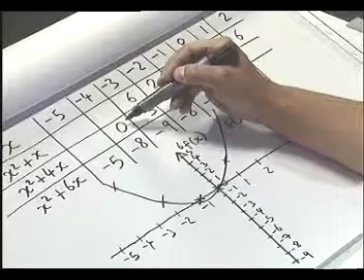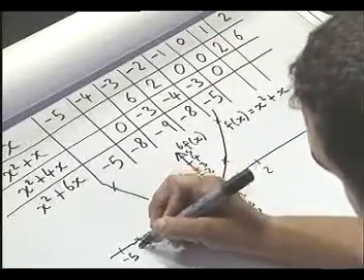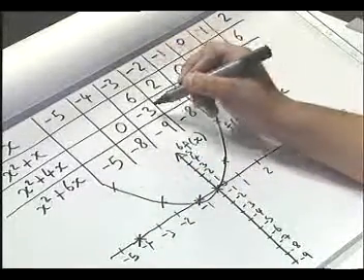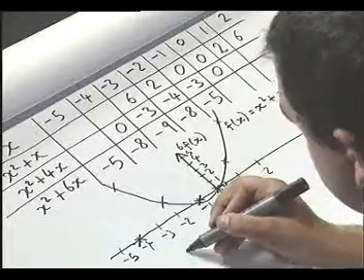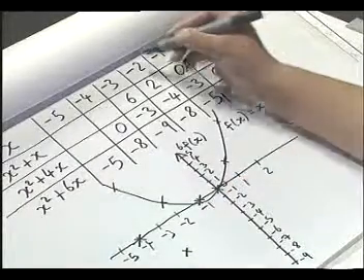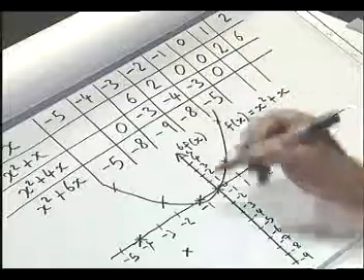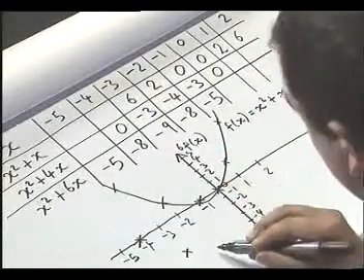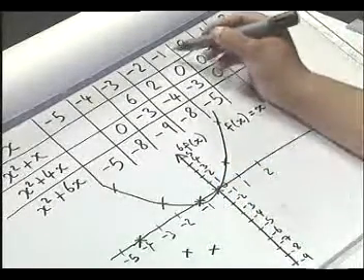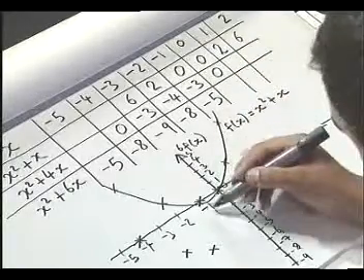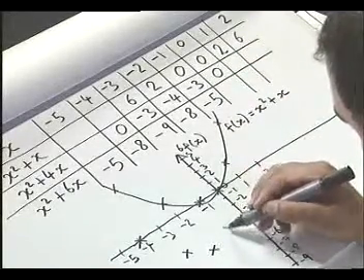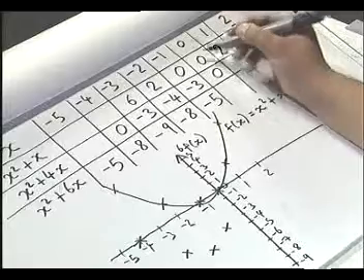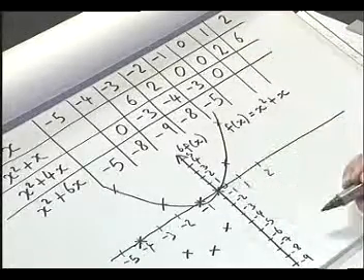Next, we're going to look at the function f of x equals x squared plus 4x. And the points we had were minus 4 and 0, minus 3 and minus 3, minus 2 and minus 4, minus 1 and minus 3, and 0 and 0, which is already drawn.